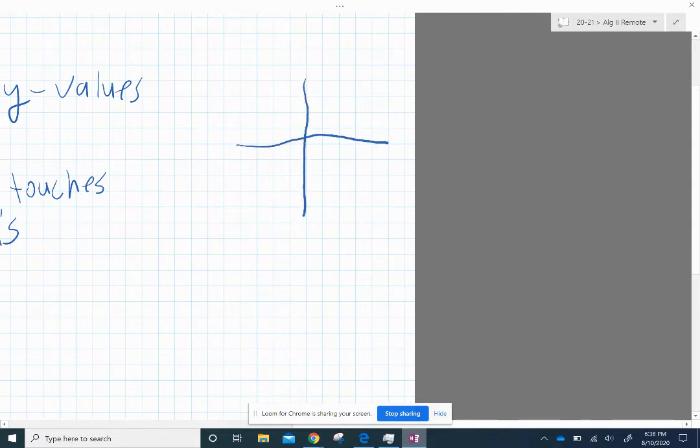So here's our coordinate plane. So this function, draw it here. It's completely flat. It doesn't go up or down. It only has one y value. So what's the parent function going to be? Yes, constant. So y equals 1 is the parent function.